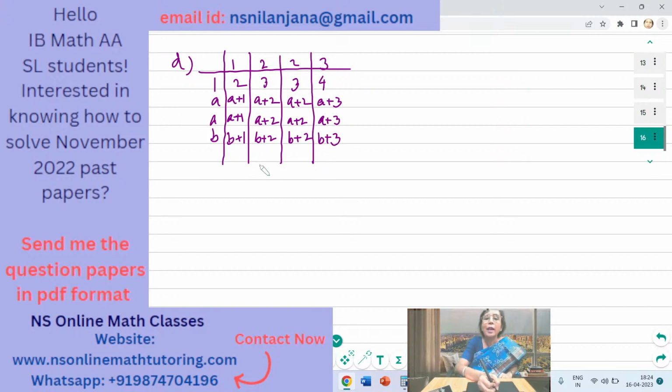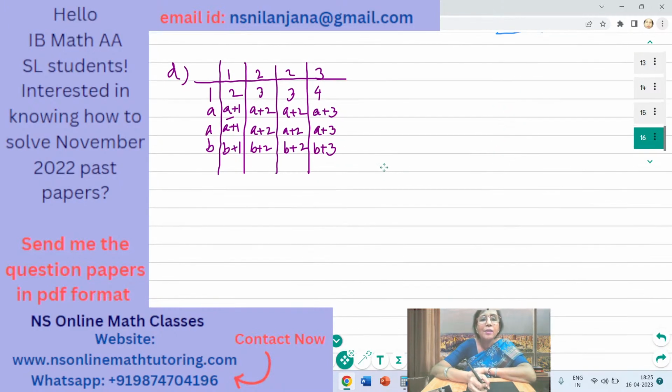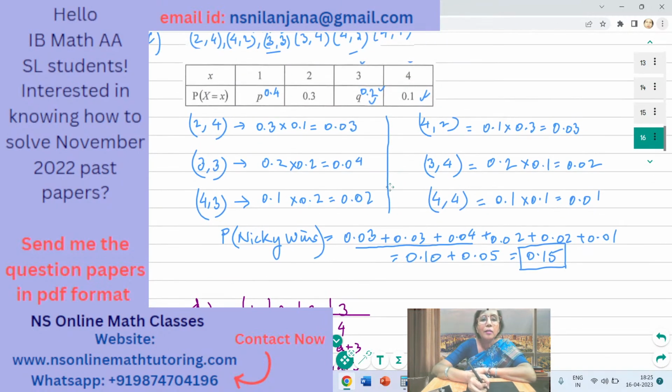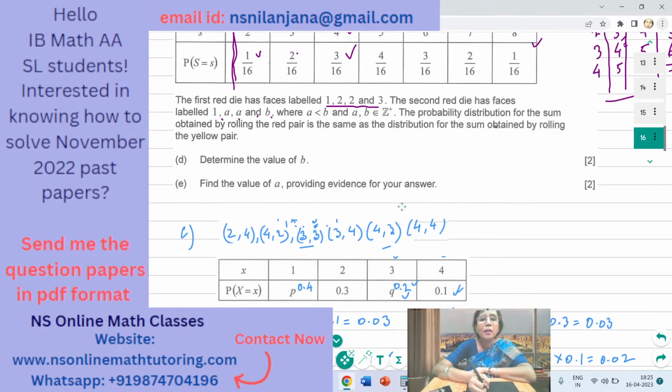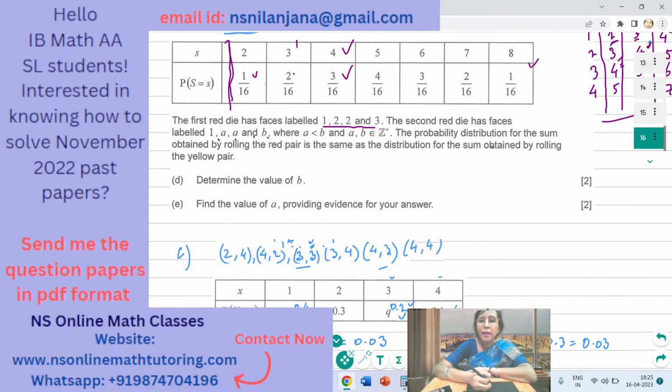Over here also we are having 16 numbers. Of course, these are expressions, but when we get the values of A and B, they will be simple numbers. So there are 16 numbers. A is less than B, and whatever the probability distribution for the yellow pair, that will be the same for the red pair.